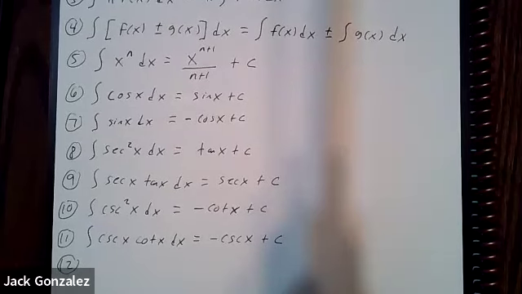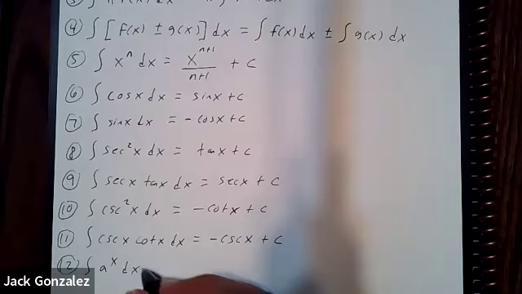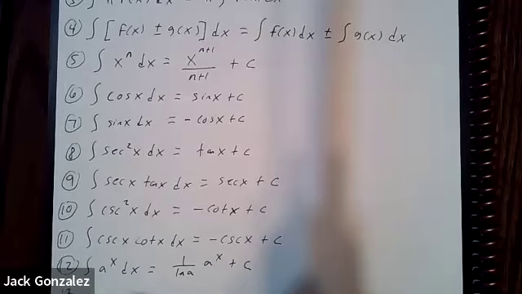Let's see if I can fit the rest here. Integral of a to the x dx is equal to 1 over ln a times a to the x plus c. Integral of e to the x dx is equal to e to the x plus c.